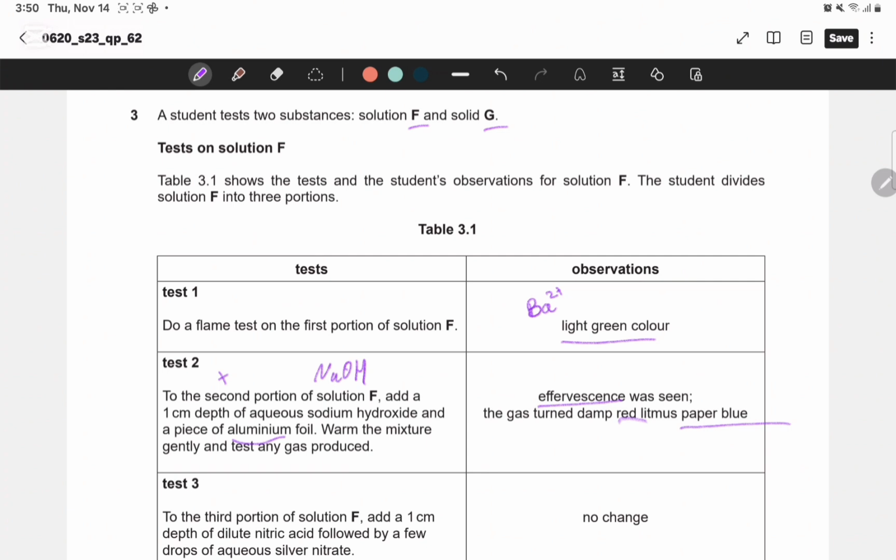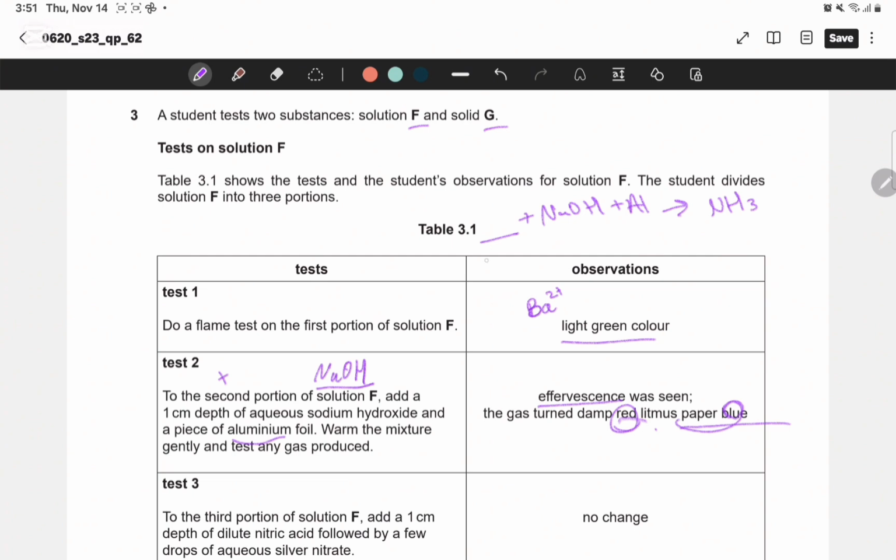Now, you know that whenever they add NaOH and aluminum foil, which is the catalyst, and then you heat it, you would get NH3, the gas that turns red litmus paper blue.